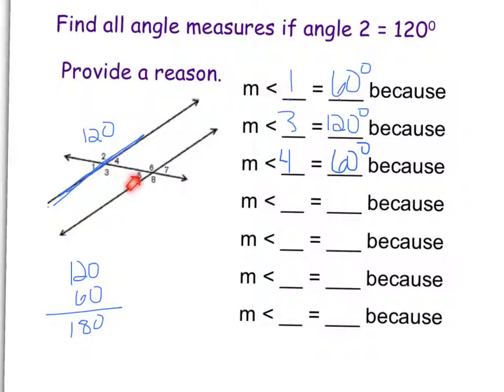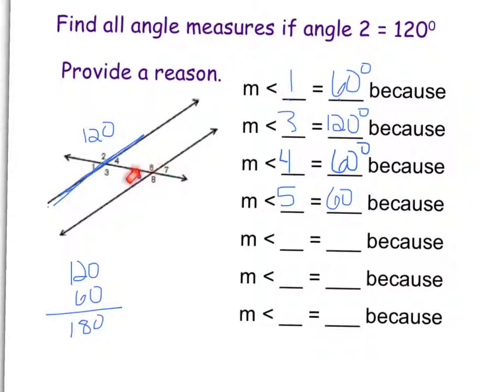I'm going to jump to angle 5. So angle 5, I know, is 60 degrees. And I know this for a variety of reasons. It is alternate interior to 4, and they're congruent. It is corresponding to 1, and they're congruent.